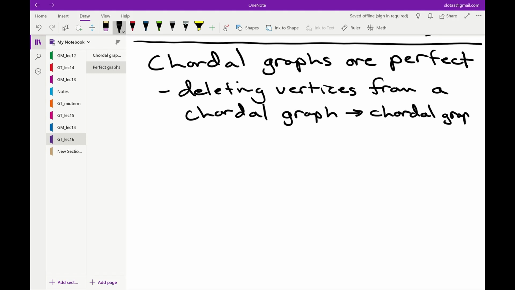Again, because we can't just delete a single chord from a cycle by removing a vertex, because if we remove that vertex, we're going to essentially delete that cycle along with whatever chords that vertex contributed to the cycle we're considering.